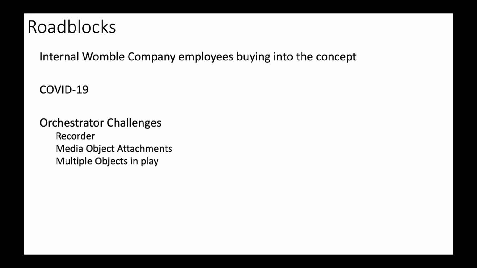The biggest challenge, these are 3 of them: again, the recorder, the media object attachments, and the fact that this one object actually is not a single object. It's 42, 101, a couple of custom applications.